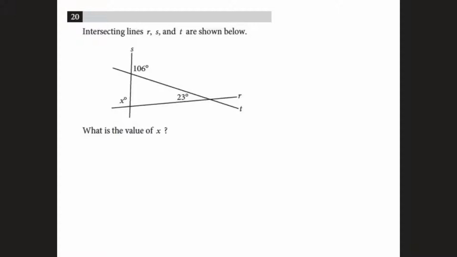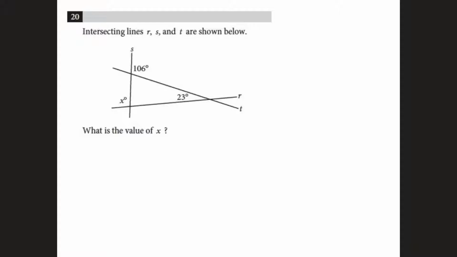Number 20. Intersecting lines R, S, and T are shown below. What is the value of x? Okay, so we know that the interior degrees of a triangle are going to sum to 180 degrees.